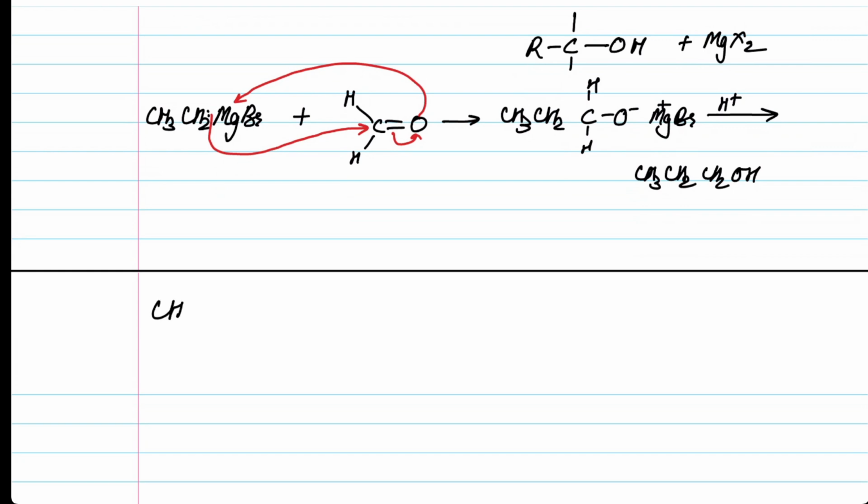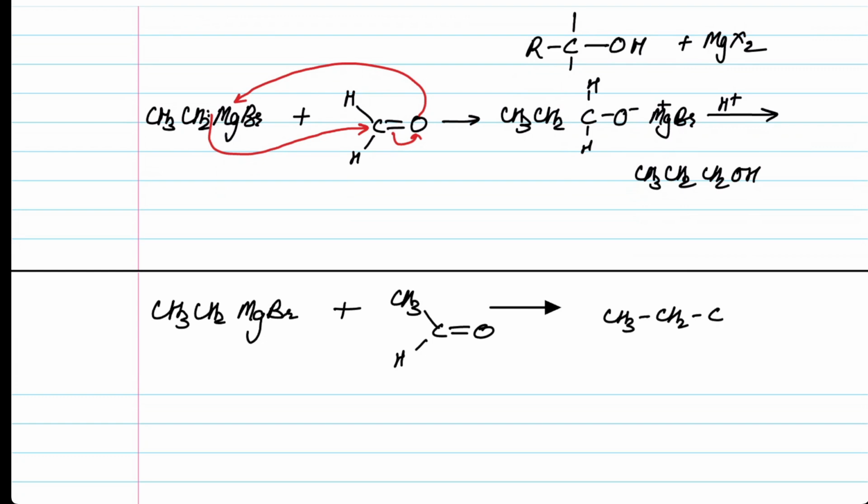Now we can react the Grignard reagent with another aldehyde. Let's say we react with acetaldehyde, CH3C double bond OH. If you do this particular reaction, you are going to get CH3CH2CH(OH)CH3.